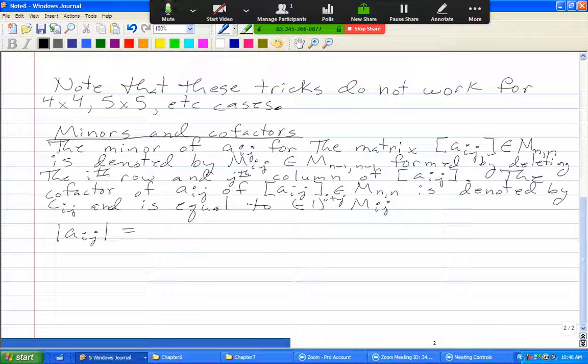That this determinant here is just equal to the sum. Oh, I see. Here, wait, let's write it this way. So the determinant of A, where A is equal to the matrix Aij, is just the sum. And you can do it either over a row or a column, doesn't really matter. I'll probably do this over a row.